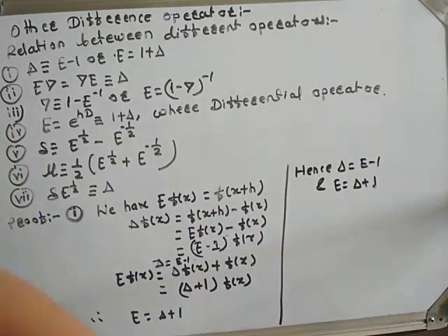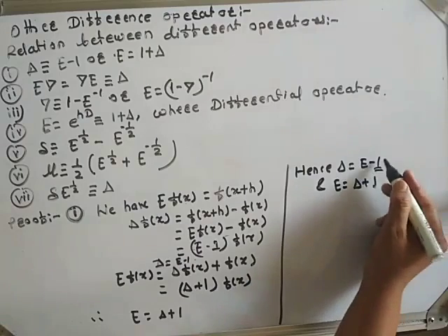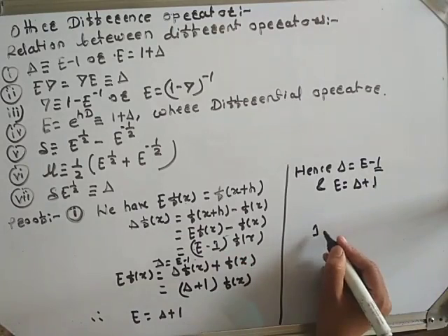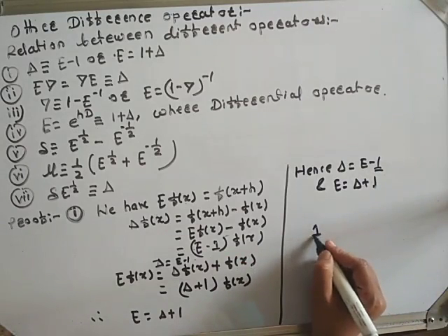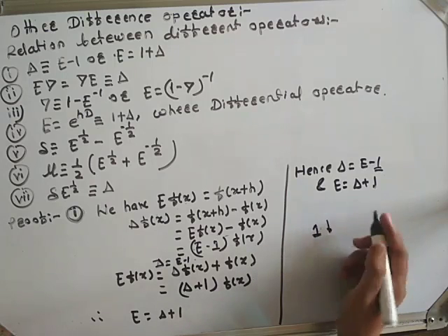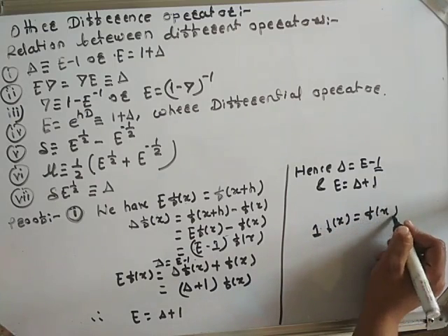Hence, first relation is proved. Here remember that this one is a unit operator. We have seen that unit operator is denoted by 1 and it is nothing but 1 of f of x is equal to f of x.